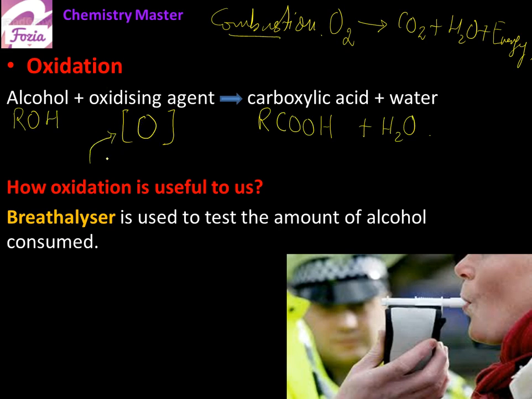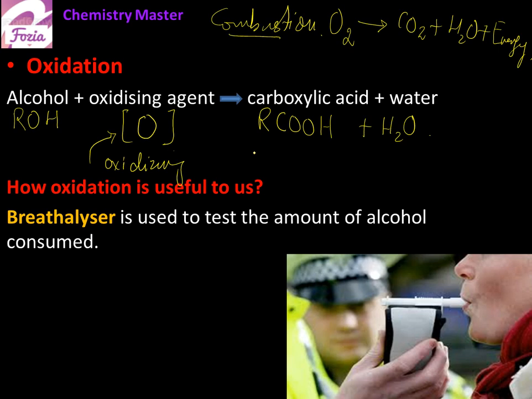Yes, that's the main clue for this reaction. So this reaction is called oxidation, and normally the oxidizing agent used is acidified potassium manganate, KMnO4. So when this reaction proceeds, we get carboxylic acid and water.